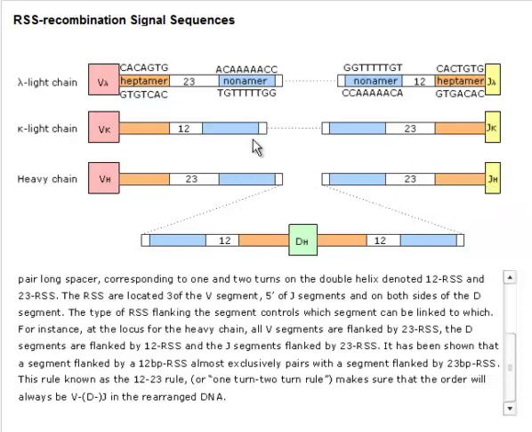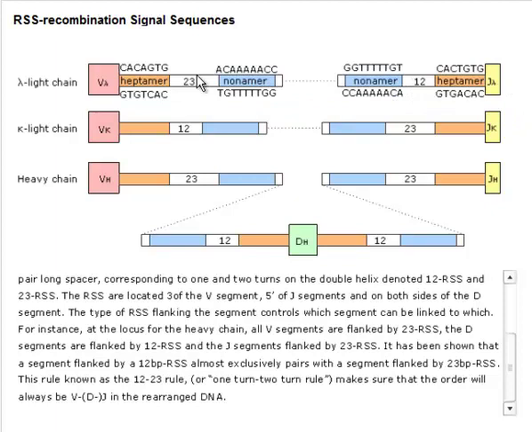The light chains do not have the diversity region, and you can see that the 23 flanking regions are found adjoining the joining regions, whereas in the lambda light chain, the 23 flanking region is around the variable region, and the 12 flanking region is around the joining region.